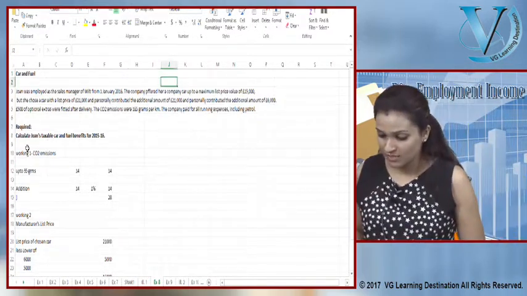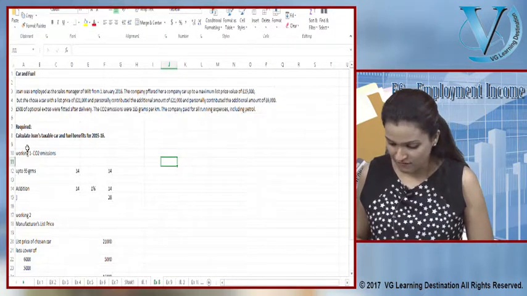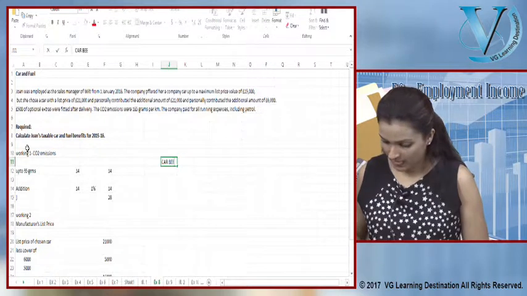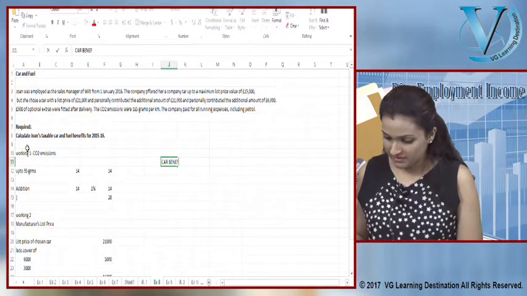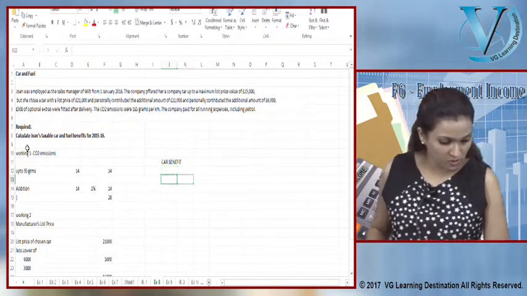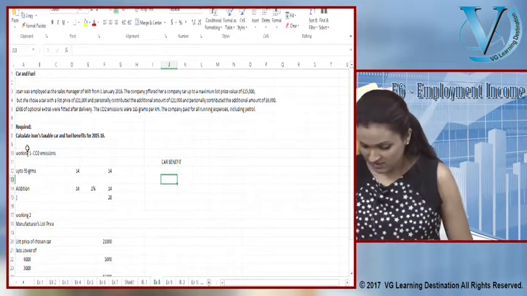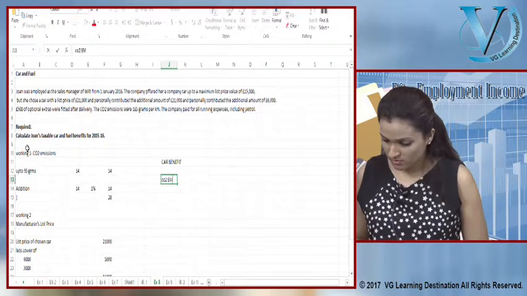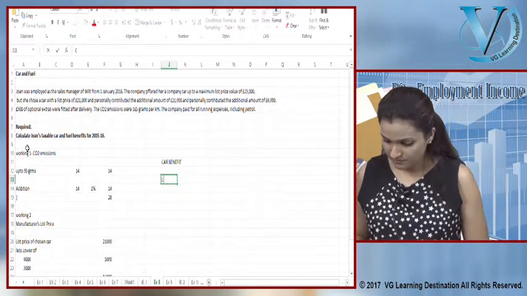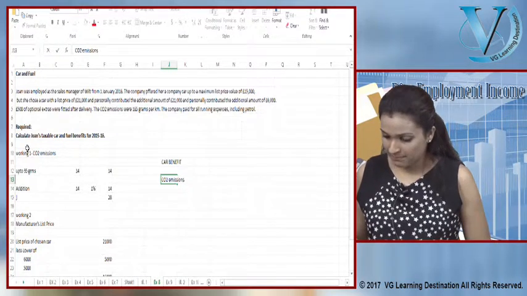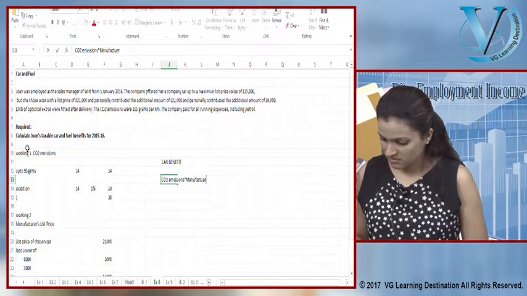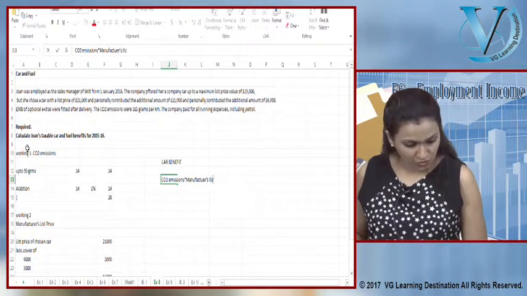We are going to first include the first benefit, the car benefit. The car benefit equals your CO2 emissions percentage multiplied by the manufacturer's list price.